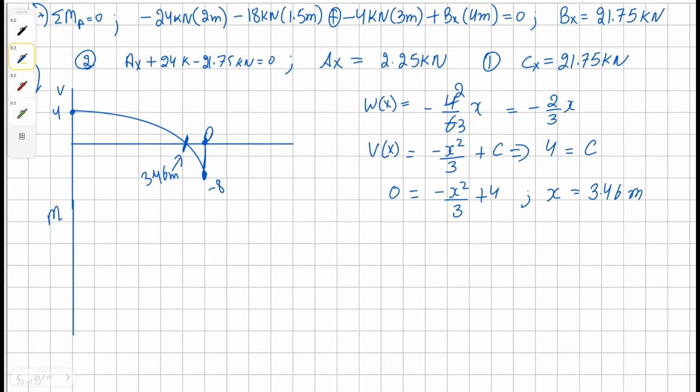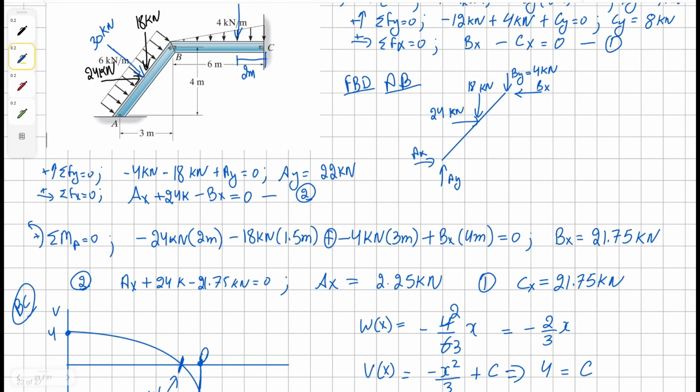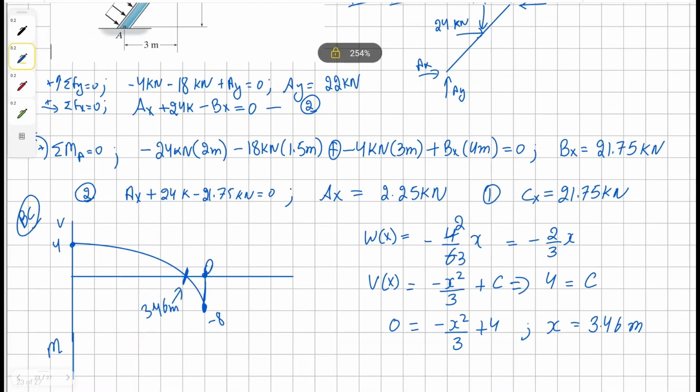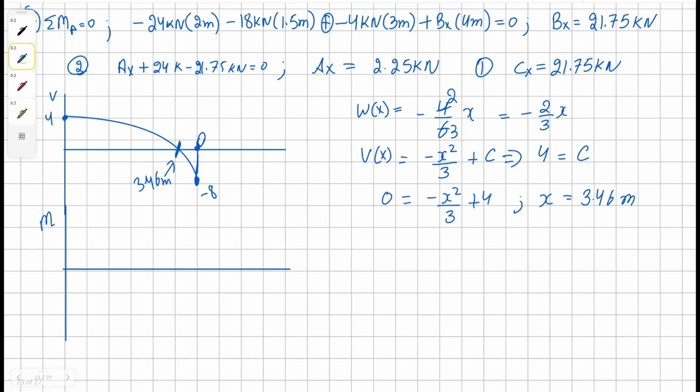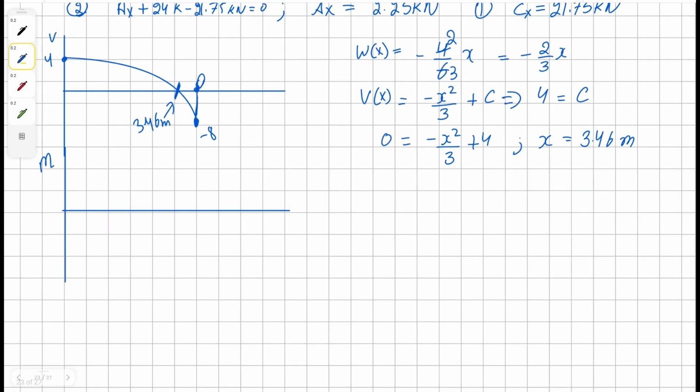Now we can proceed with our moment diagram. For our moment diagram, we don't have any moment at B or C. So beginning from B, it's going to be 0, and then at the 3.46 mark, our moment is going to be the highest, the max point.